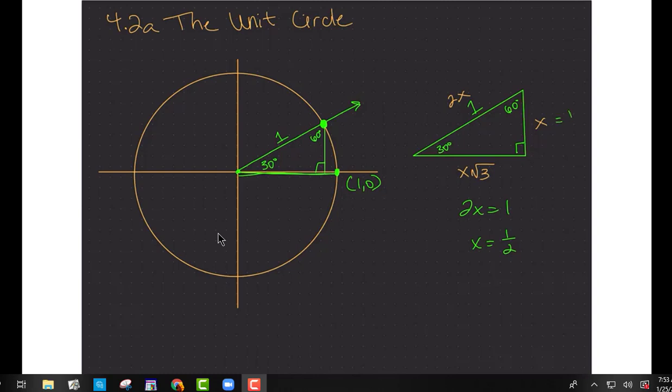So we know this side equals a half, right? Then we can figure out our long leg because we know what x is, so we just plug x in. This is 1/2 times the square root of 3. To make it nice and pretty, I'll throw that over 1 and make it the square root of 3 over 2.